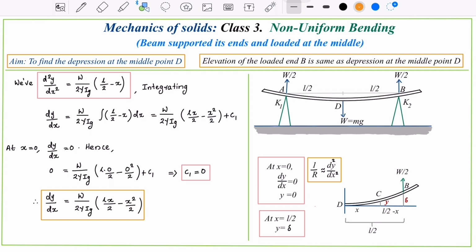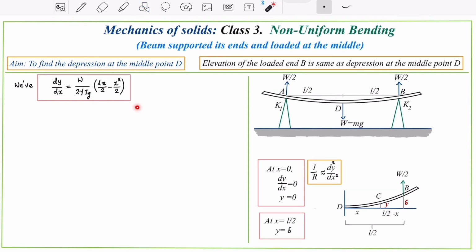That is, we have dy by dx is equal to W divided by 2YIg into Lx minus x square by 2. Now again integrate this equation.